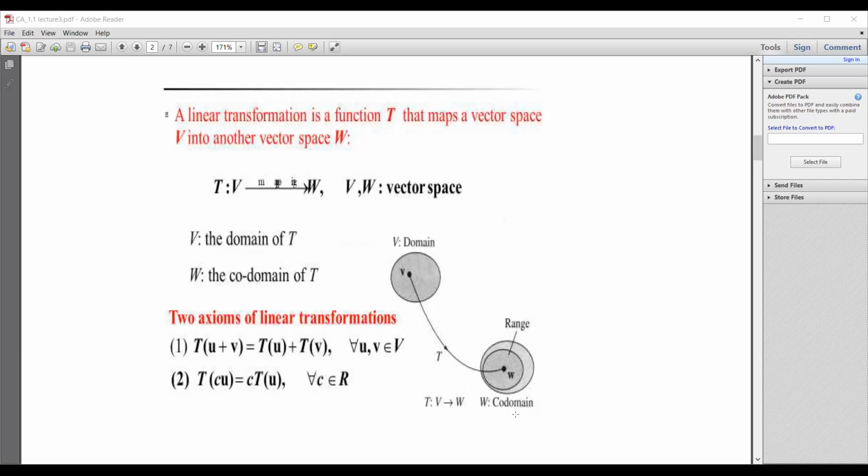This may be the full W, or it may be a proper subset of W.